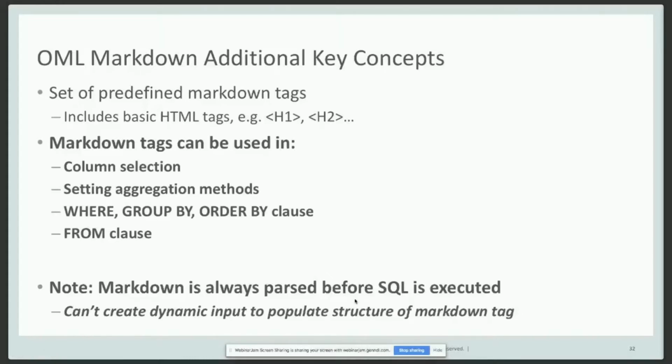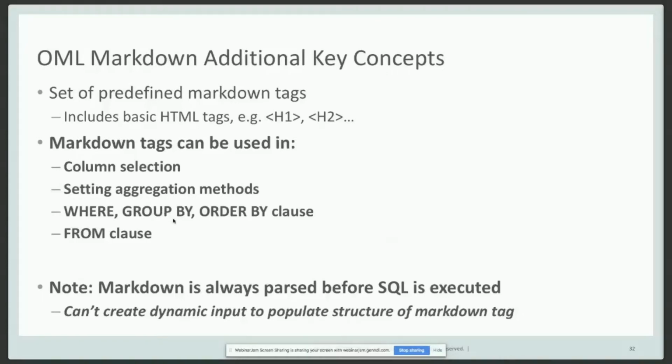So this is how the markdown is able to do things like column selection. So you can have a select statement where you use markdown to determine, or let the user determine, the columns that are going to be displayed in the report, or what the aggregation method is, whether it's sum or average or min or max, or what the where clause is, and whether the time periods are this year, last year, 5 years ago, and so on and so forth.